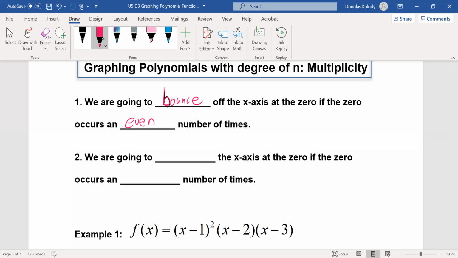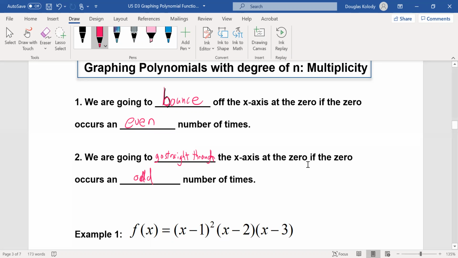We are going to go straight through the x-axis if the 0 occurs an odd number of times. In other words, if your factor has an odd exponent attached to it, you're going to go straight through it. 1, 3, 5, 7, 9.